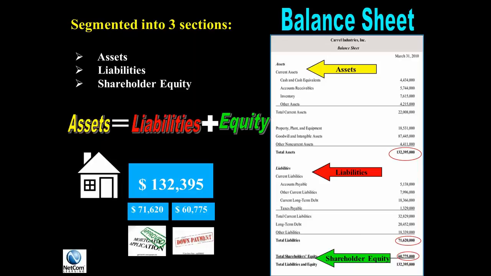And you could see that the amount, $132,000 and change, is exactly made up of the liability, which is $71,620, plus the shareholders' equity, which we draw the analogy to a down payment of $60,775. So again, the full amount of the balance sheet, $132,395, equals liability, $71,620, plus the shareholders' equity, $60,775.